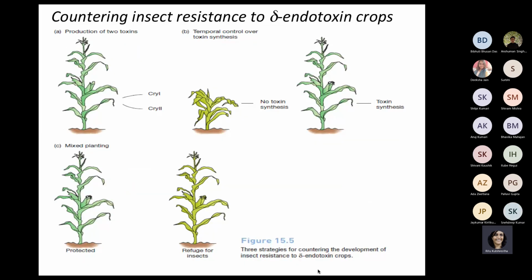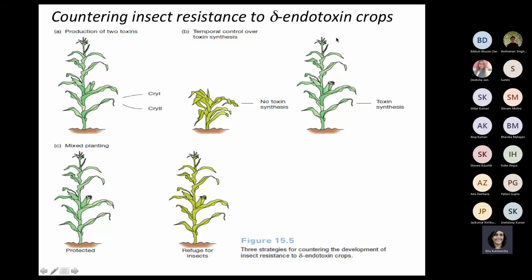Now, the point is that you make an insect resistant crop by incorporating a bacterial gene in it, but at the same time, there is a possibility that whatever resistant plant you are making, let's say a virus resistant plant, or a herbicide resistant plant, or an insect resistant plant, there is a chance that even the insect finds a way to become resistant to the toxin that you are introducing in the crop.